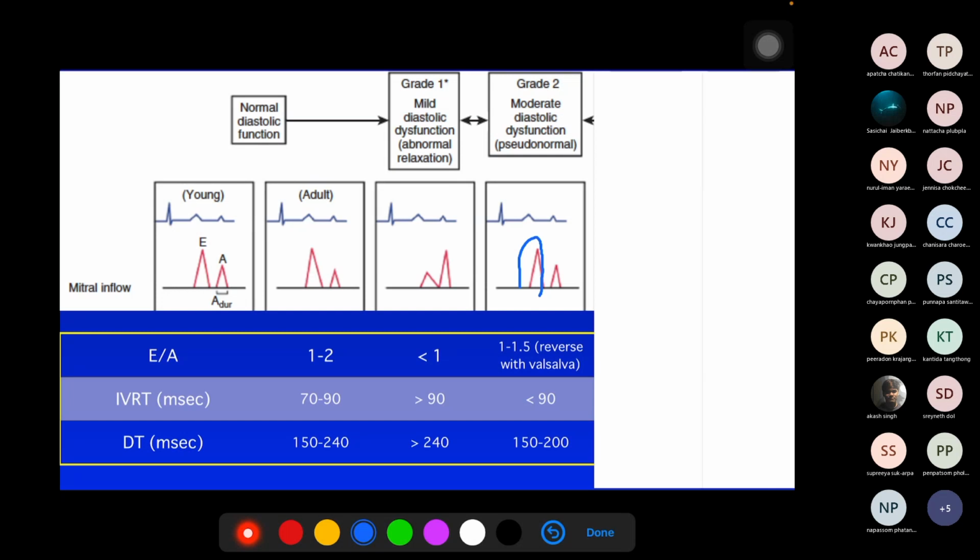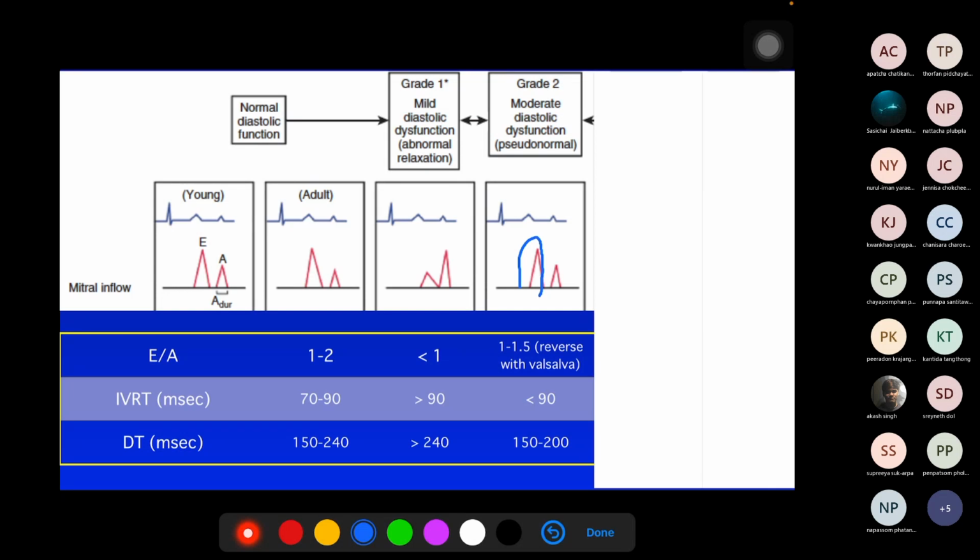So the grade 2 diastolic dysfunction is caused from the long-term higher LA pressure. That's why E become over A again in the grade 2 diastolic dysfunction, because with the high LA pressure, after the mitral valve opens, the blood flow from the LA to the LV is very quick.